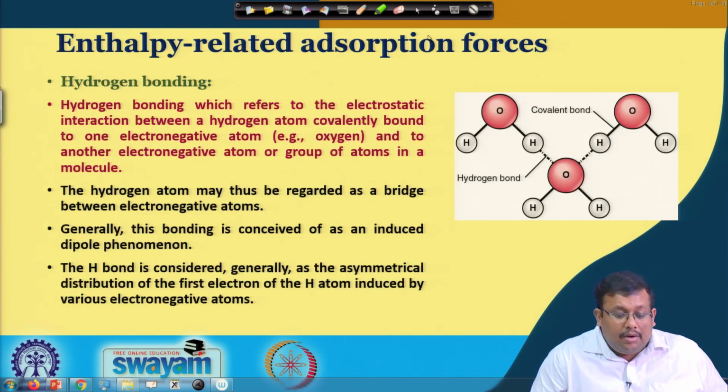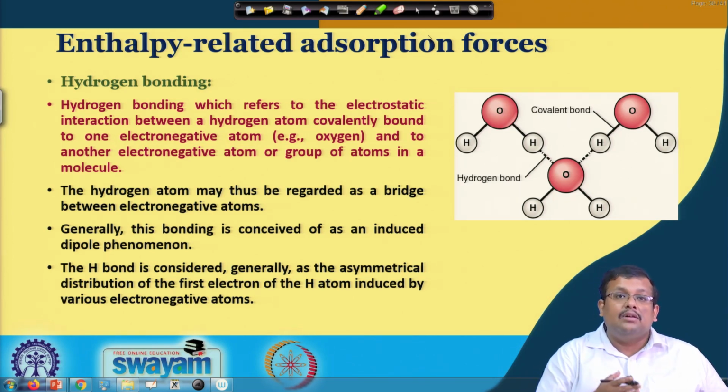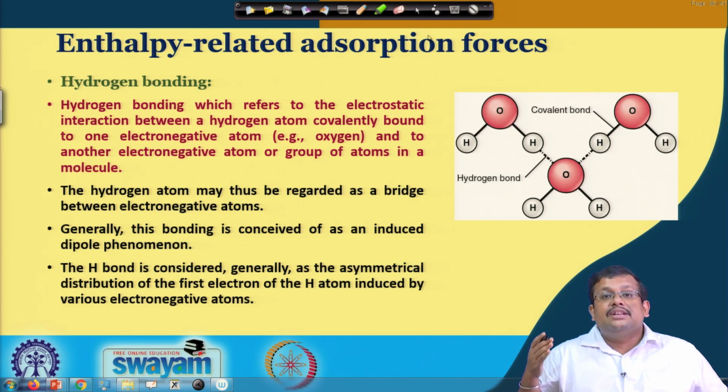Okay. So, let us see the enthalpy related adsorption forces. Hydrogen bonding can be considered as one of the major enthalpy related adsorption forces. So, let us see what hydrogen bonding is. Hydrogen bonding refers to the electrostatic interaction between a hydrogen atom covalently bound to one electronegative atom, that is oxygen, and another electronegative atom or group of atoms in a molecule.